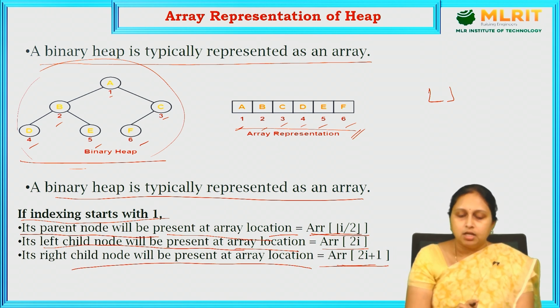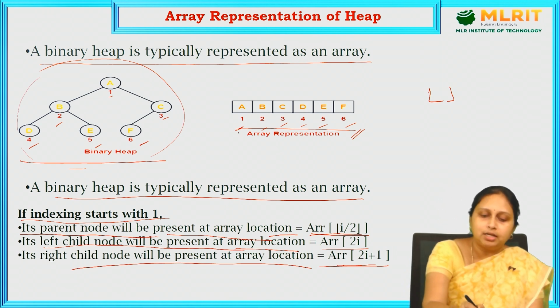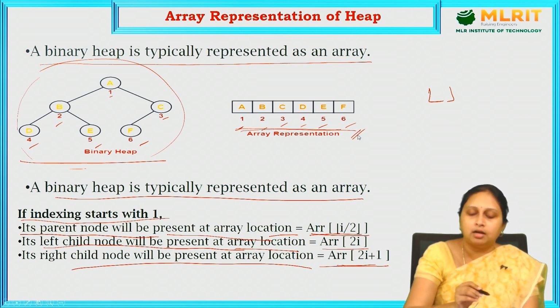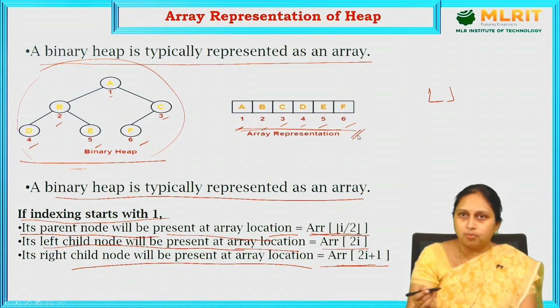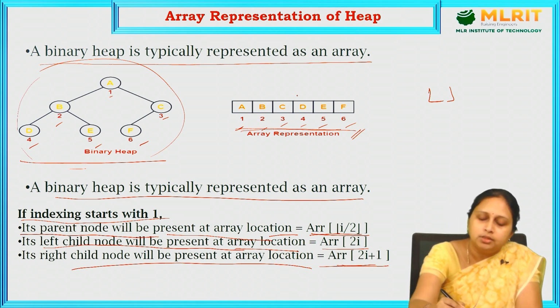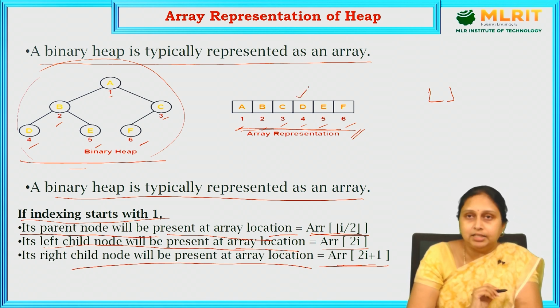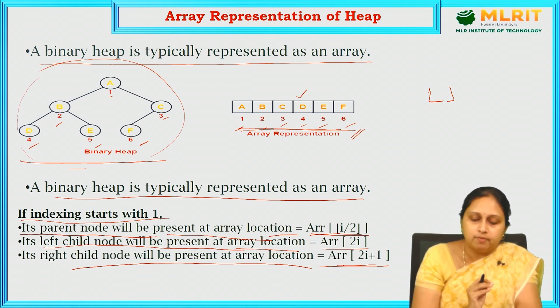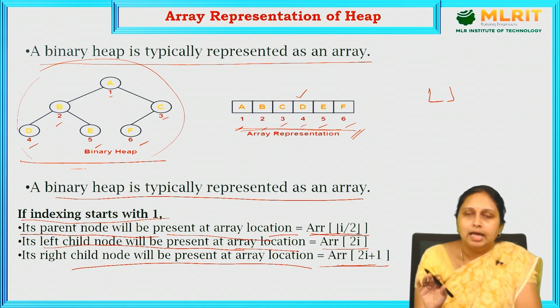Okay. Now we are going to represent in the array index format. If I am going to have my elements in the array format, now I need to identify the node D, whether it is a left child or right child, or whether it is a parent. I am going to store the elements in the array.